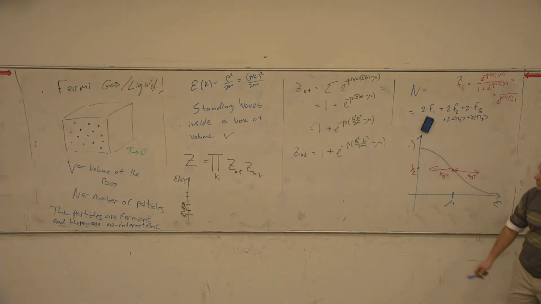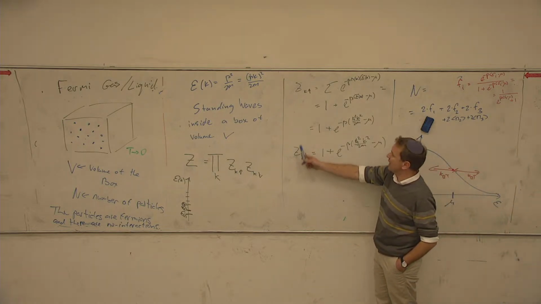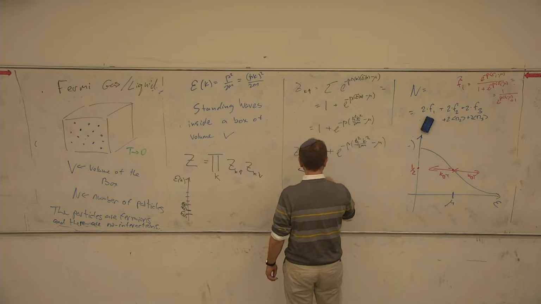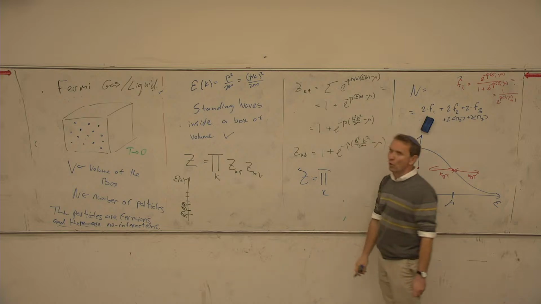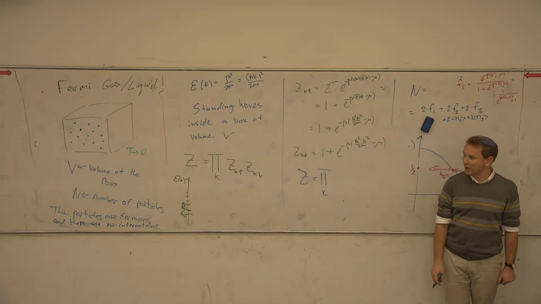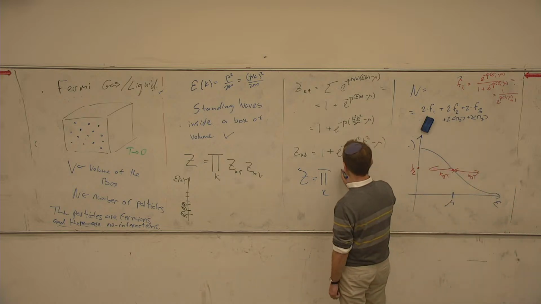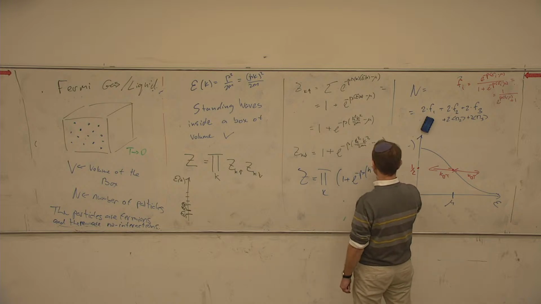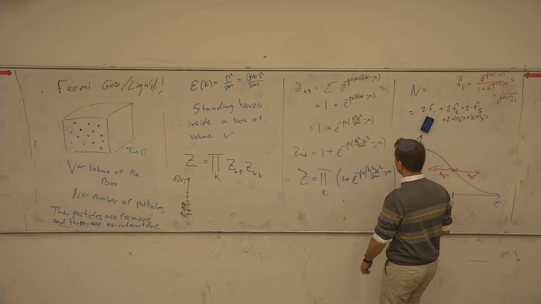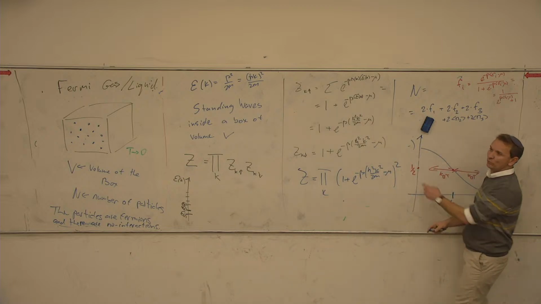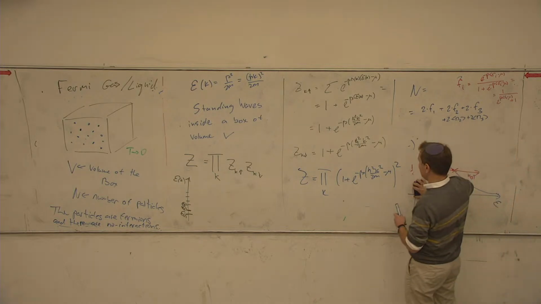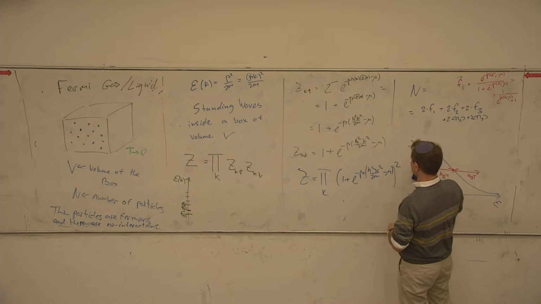So we know z_k down and z_k up, and we can say that Z equals the product over all the different levels of 1 plus e to the power minus beta (h bar squared k squared divided by 2m minus mu), all to the power 2. The 2 is the degeneracy of each of the levels.